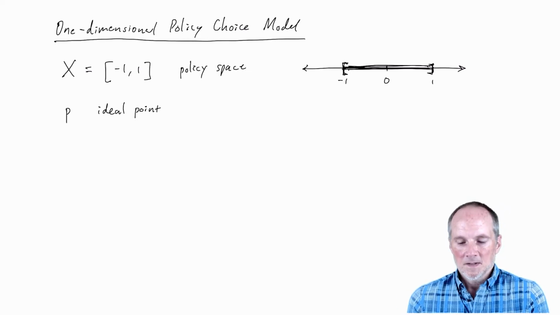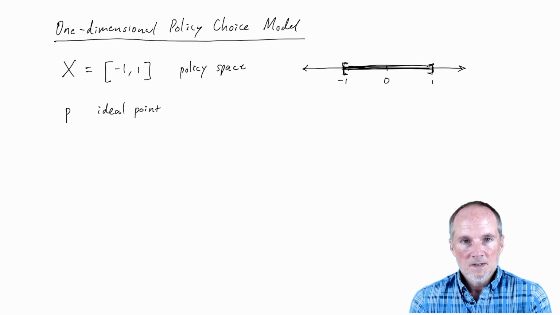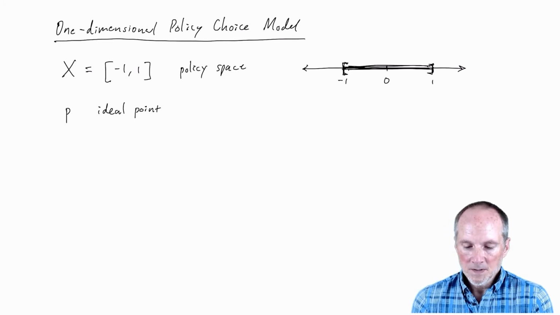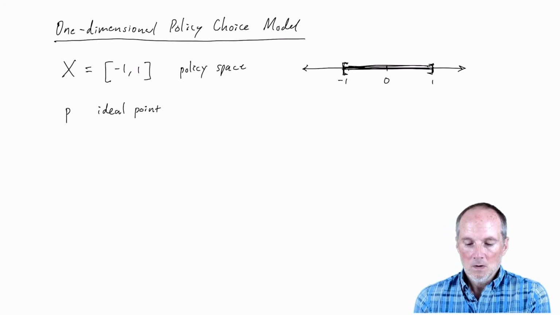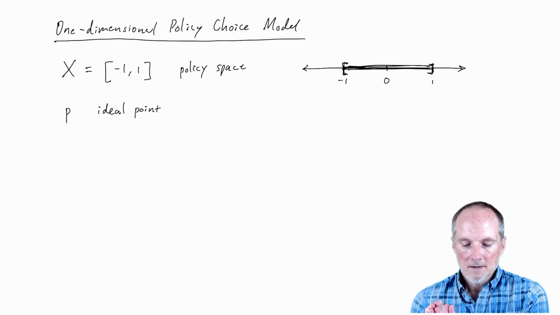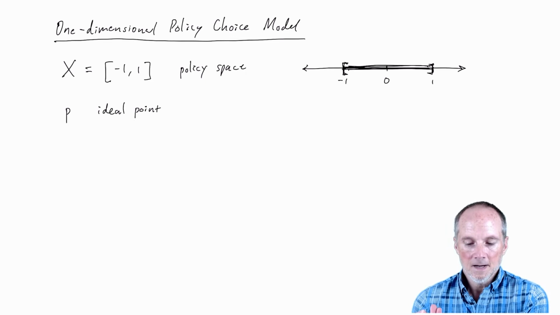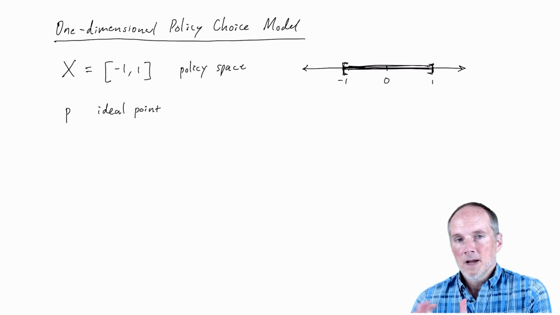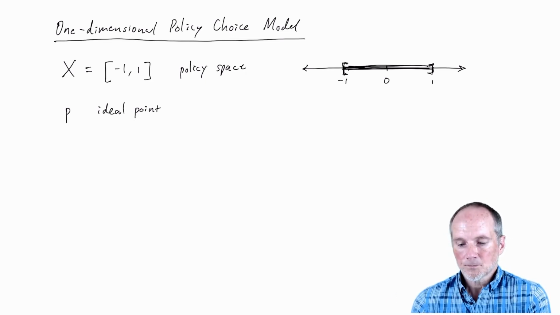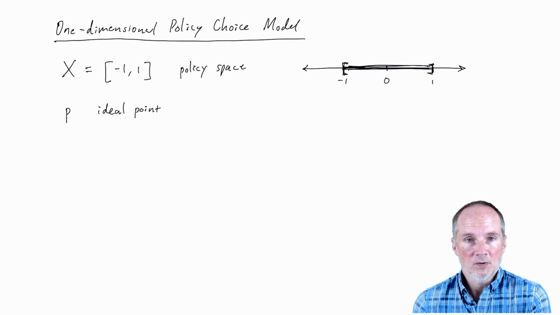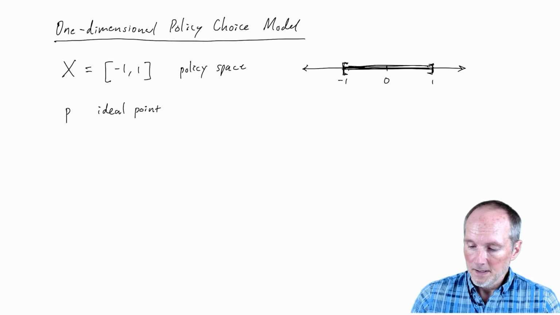What about other policies? Well, I'm going to keep things really simple here, and I'm going to assume that this guy wants his ideal point. That's the best thing he can get. And then for any other policies, he just wants policies closer to the ideal point.